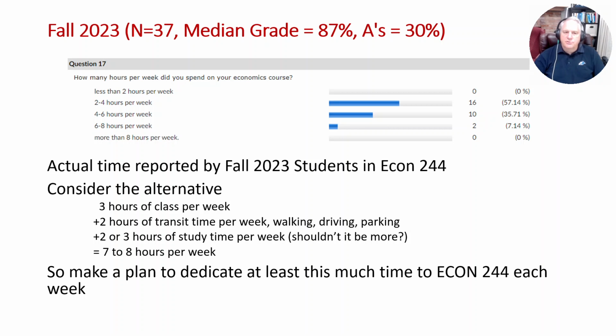And then another 2 or 3 hours of study, which you would have to do in order to be able to understand the material. And that's about 7 or 8 hours a week. And you could see that's actually at the high end of what people are reporting. But the point is this: make a plan to dedicate as much time as you can in order to get ahead of this course, stay ahead, and do well. This is especially true in the beginning of the course.